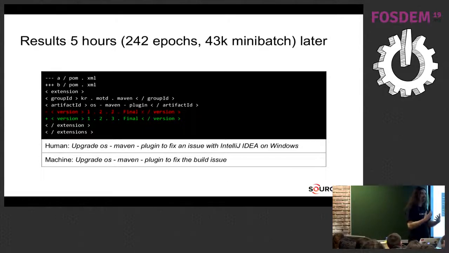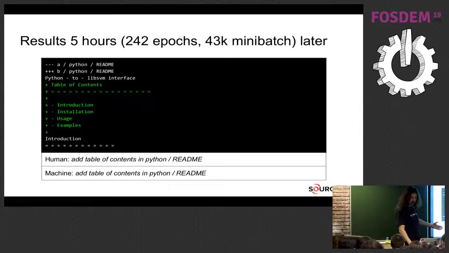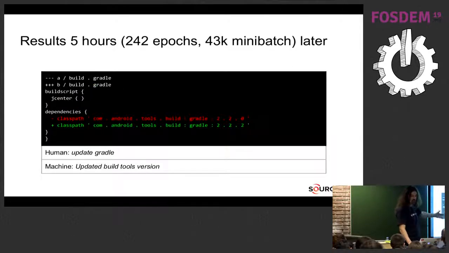So it's really difficult to establish a metric to evaluate if the original message actually correlates very well to the commit change that you did. The same for this one, update Gradle. This will get a very poor BLEU score, also because of the capitalization, which is different. So the n-grams will not fit.